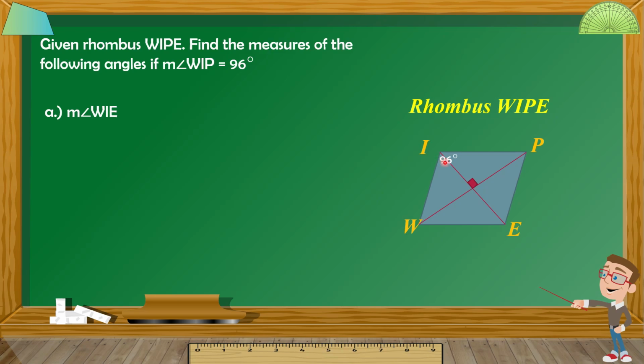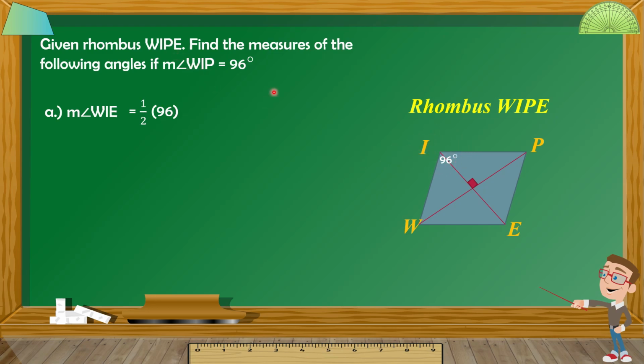So, di ba, by theorem number 4, yung diagonals ng isang rhombus, bina-bisect niya yung mga angles. So, ibig sabihin nito, kukunin natin yung kalahati lang ng 96 degrees. Di ba 96 degrees si angle I?